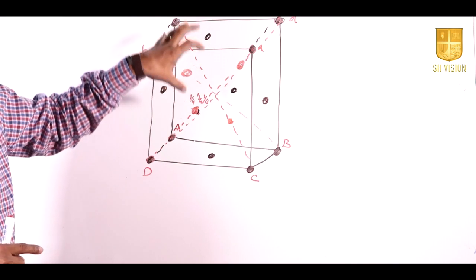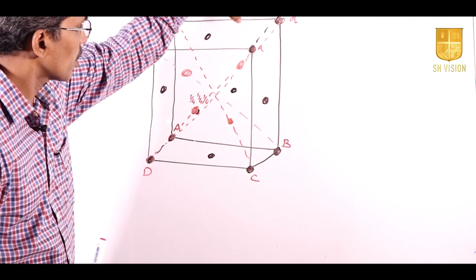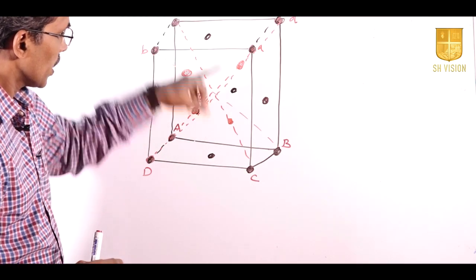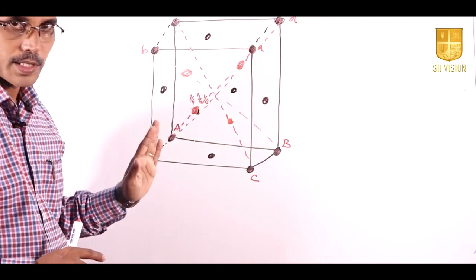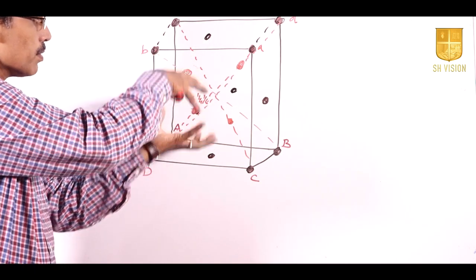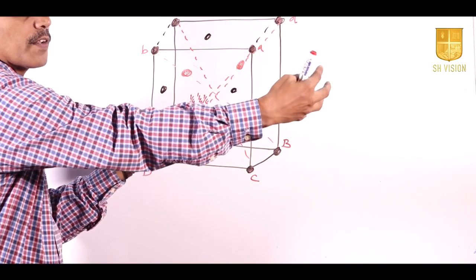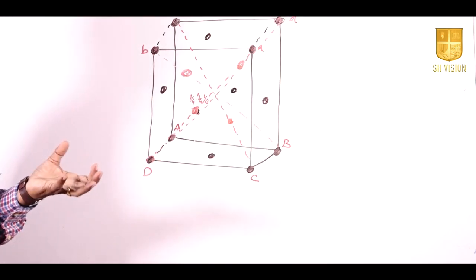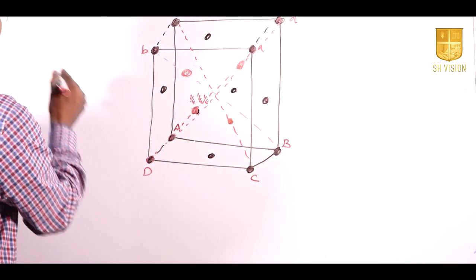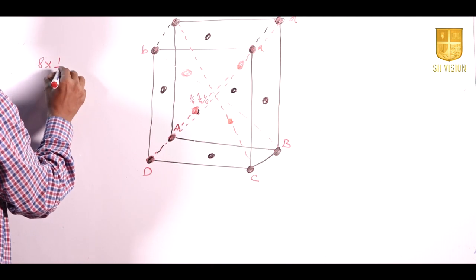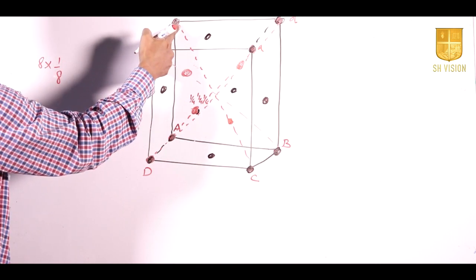So diamond cubic unit cell is having 8 corner atoms, then 6 face-centered atoms, and 4 atoms within the cube from the second face-centered cubic lattice. So altogether you have 8 into 1/8 because only 1/8 contribution.